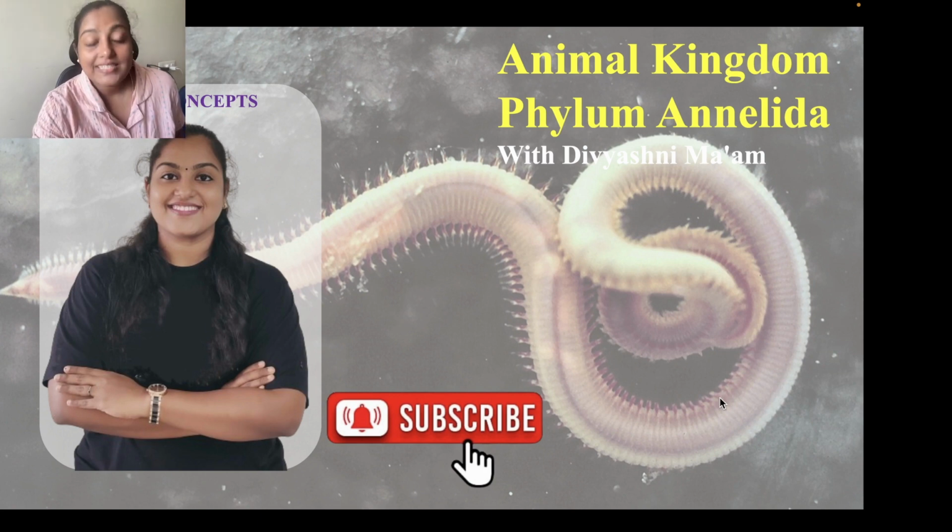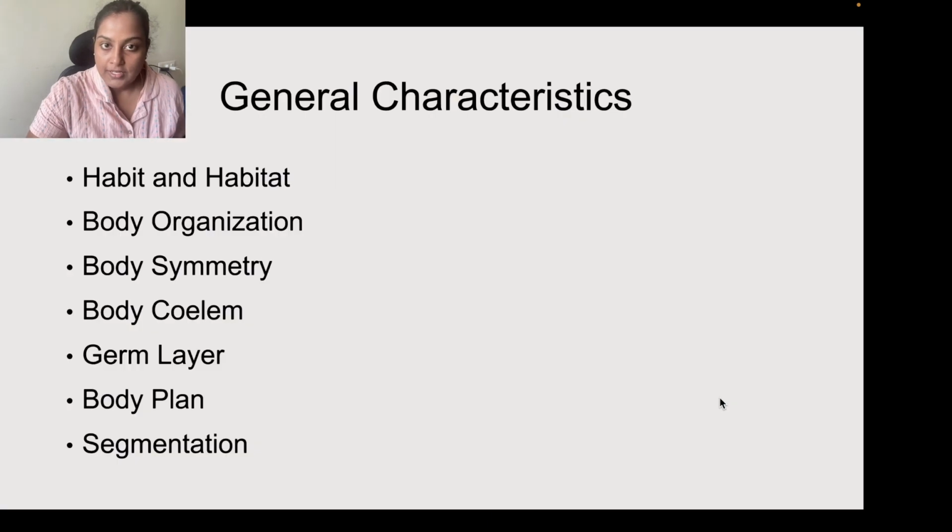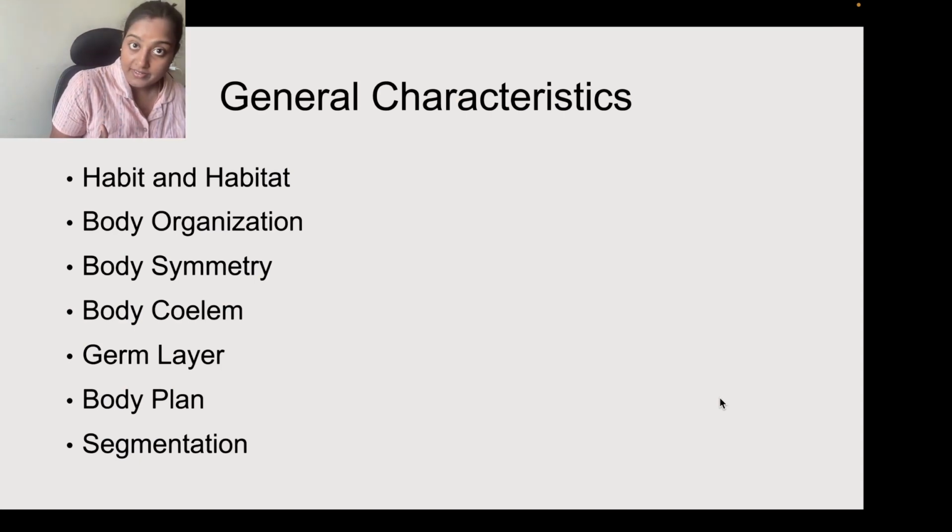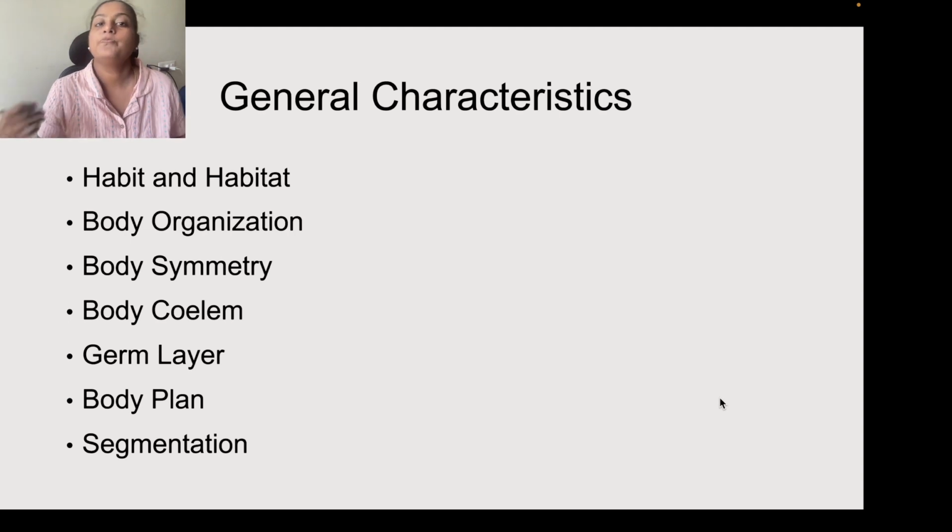Lastly, we left off with phylum Aschelminthes. So today we are continuing with the phylum Annelida, right? Are you people ready? Let us begin the session with a lot of excitement. I'm going to follow the usual methodology where I will first tell the general characteristics and then the typical characteristics, followed by examples of the phylum where I show you the pictures.